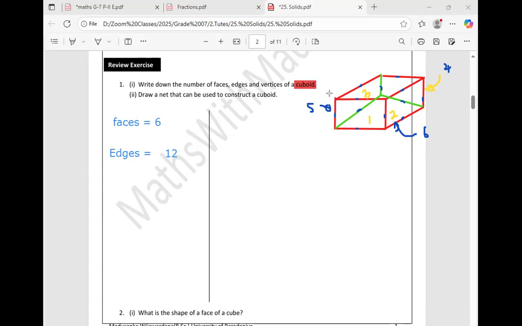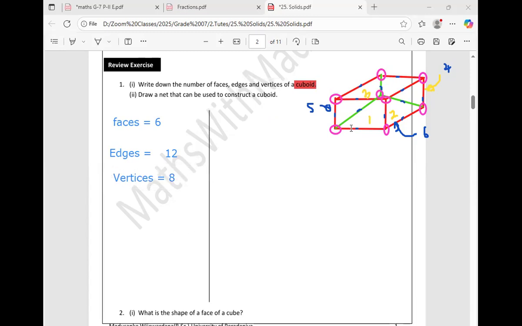Here I have a vertex: first vertex, second, third, and here another one, fourth, fifth, sixth, seventh, and eighth. So all together we have 8 vertices.